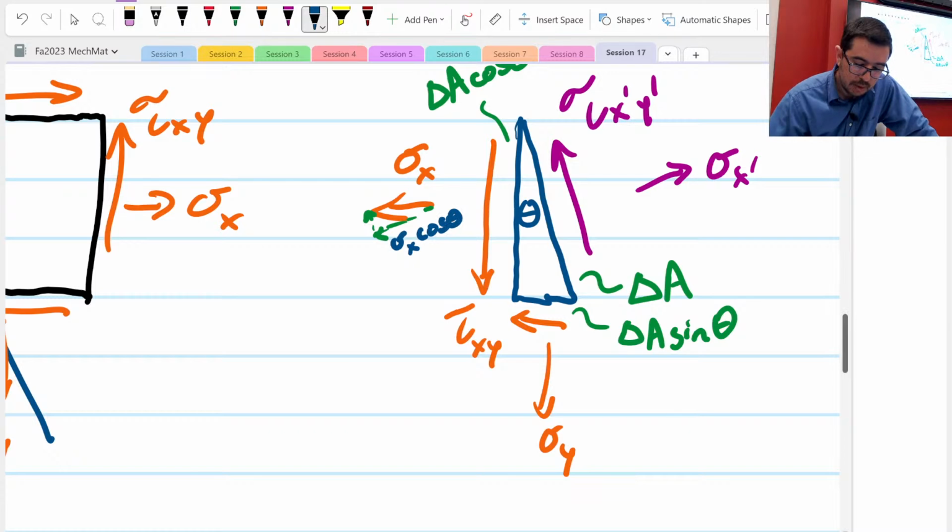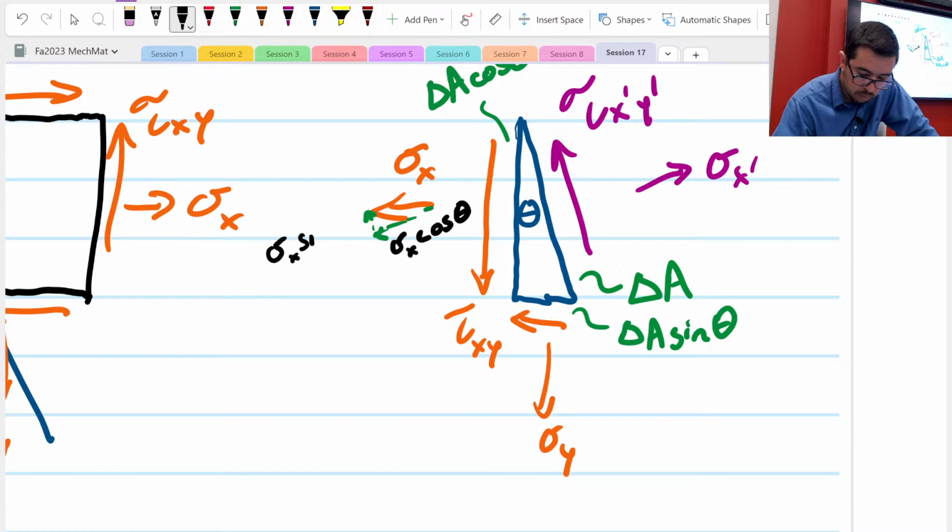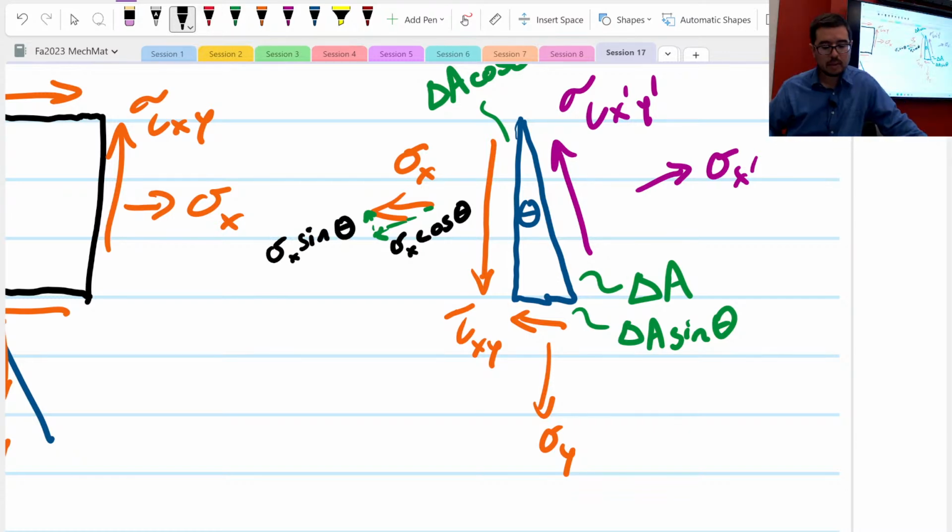And what's this? The other one then, this side, will be sigma x sine theta. Sorry, let me change this so you can actually see it. Okay, there you go.